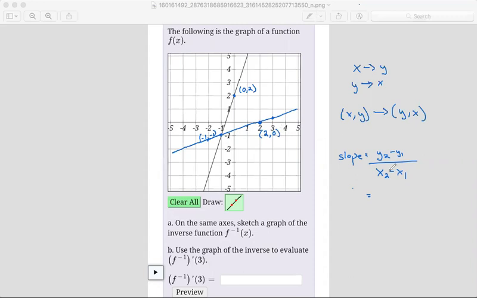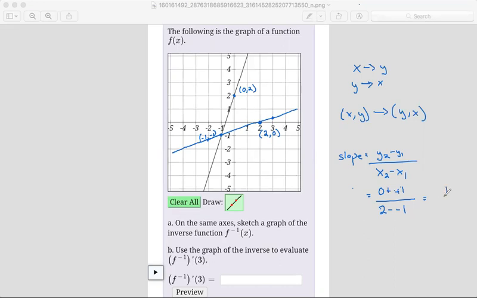So y2, let's call that 0, minus -1 would be our y1, so it'd be 0 minus -1 over x2 would be 2 minus x1 would be -1. So minus a negative makes plus a positive.